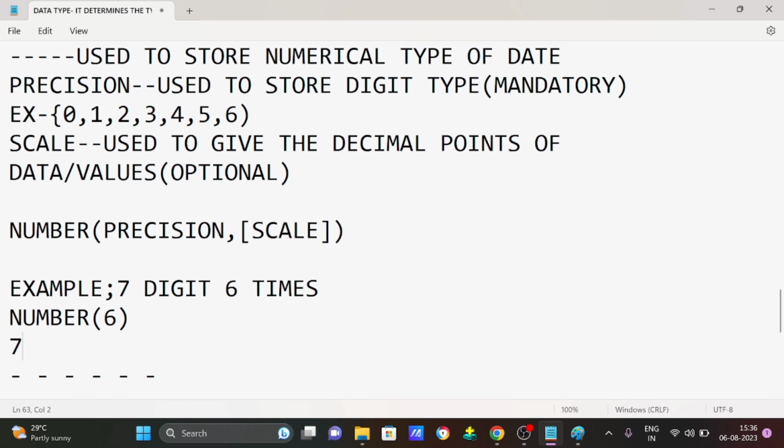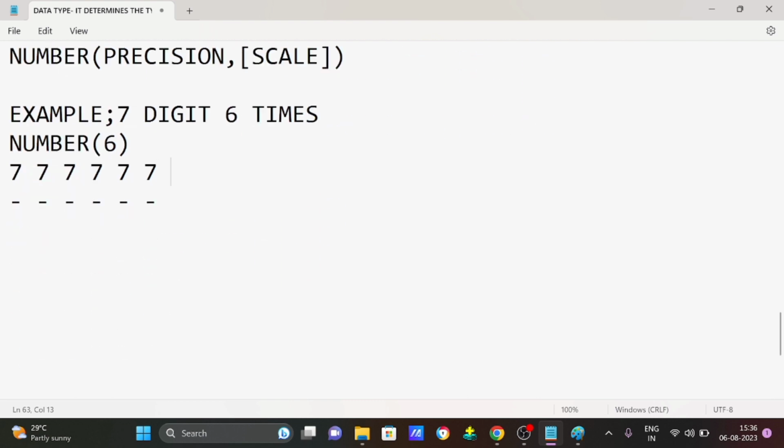Actually we need to assign it from the last. Like this we need to assign the digits, 6 digits. Yes, this is how it works.